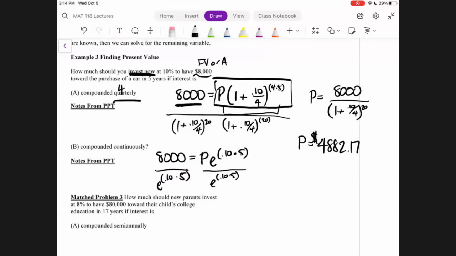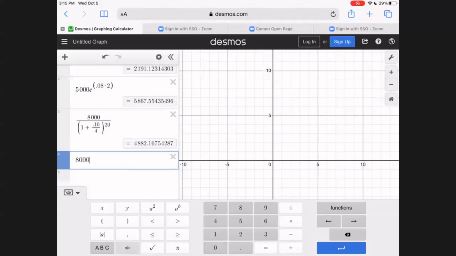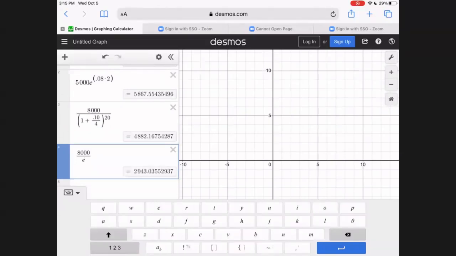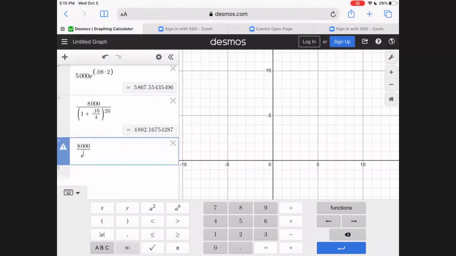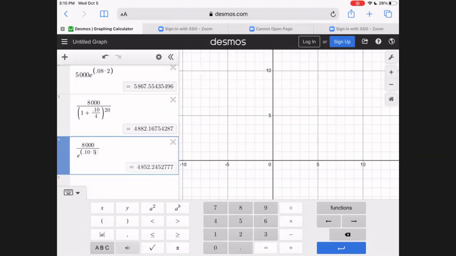Right. So then I'm going to use Desmos. So P would equal what value? So let's go over to Desmos and type this in. So I have 8,000 divided by, remember, where do we get the E from? We go to ABC. We hit E. We go back to our numbers. Then I'm going to do my power button, so the AB button here. And then let me do parentheses first. 0.10, and we said it was 5 years.